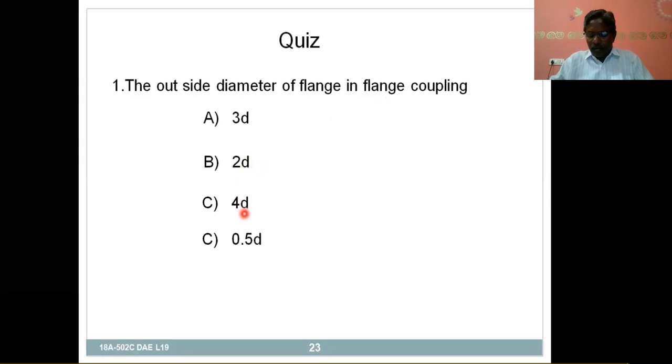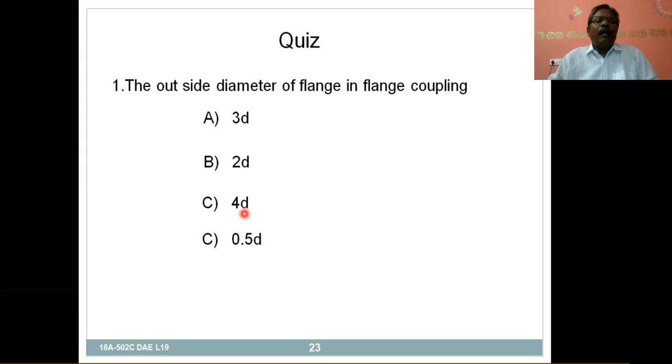Once again, all these are the proportions of various diameters of parts. Here 3D is nothing but the proportion for pitch circle diameter or bolt circle diameter.